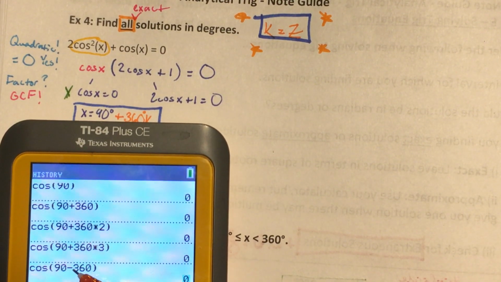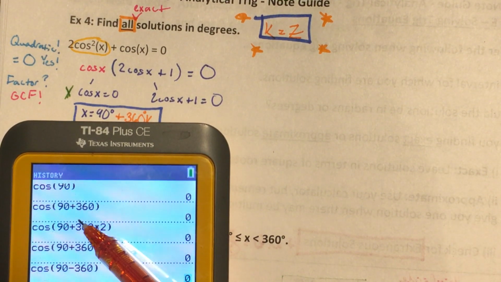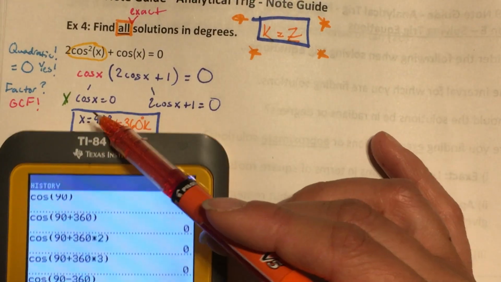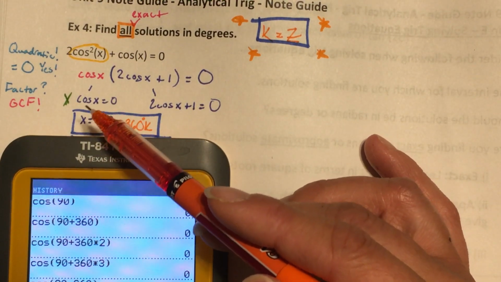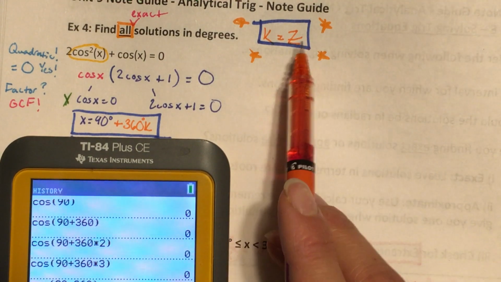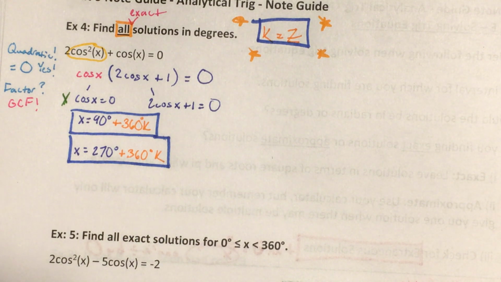Then I did minus 360, so that would be 360 times a negative 1. So this shows you that all of these angles, as I rotate 360 more, or going negative, 360 less, all of those different angles have a cosine of 0. So when it finds all solutions, there actually are an infinite amount, which is why we define that k value as all of the integers and how we specify it by hand.